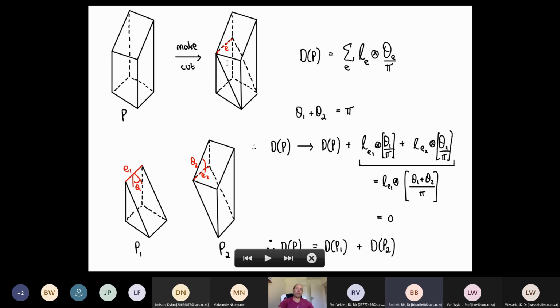And that's ultimately going to result in splitting P into two pieces, P1 and P2. Now let's see what happens to the Dehn invariant. The Dehn invariant of P is by definition the sum over the edges of P. For each edge, I must take the length of that edge, tensor it with the dihedral angle over pi.